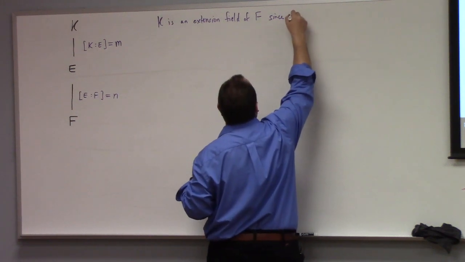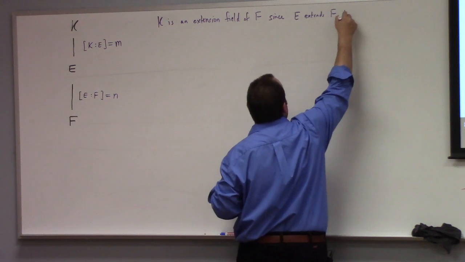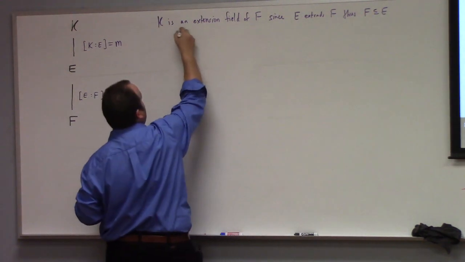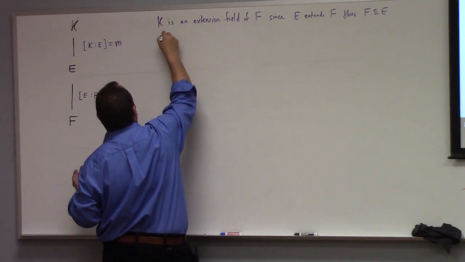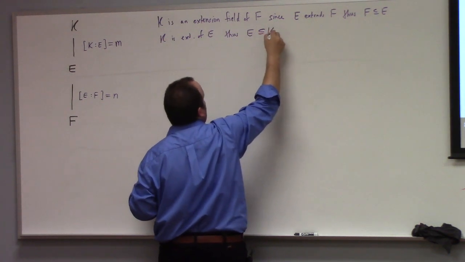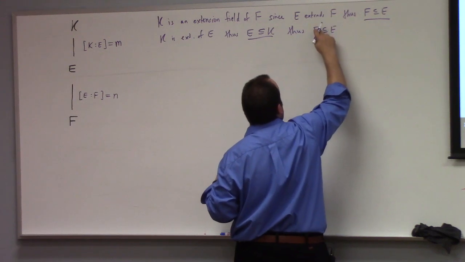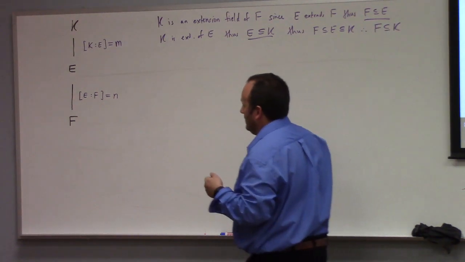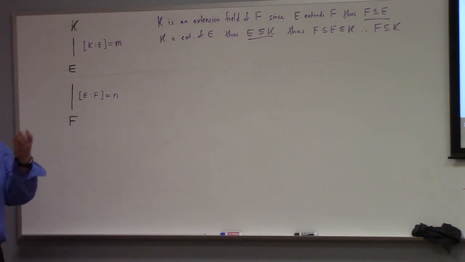Since E extends F, F is a subset of E. And since K is an extension of E, E is a subset of K. Put this and that together: F is a subset of E, which is a subset of K, so F is a subset of K. That is all I need for K to be an extension field: the given base field appears as a subset of the larger field, and they share the same operations.